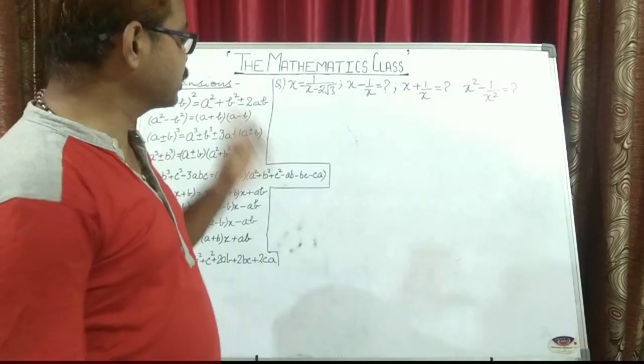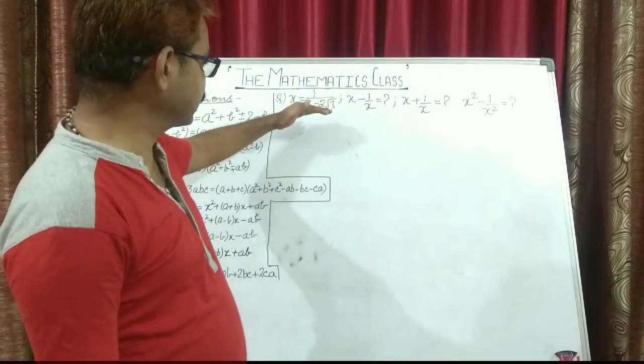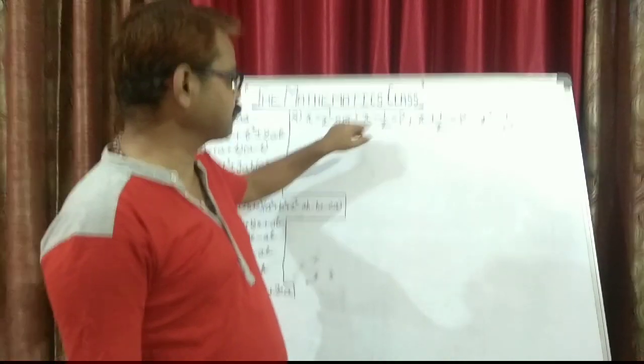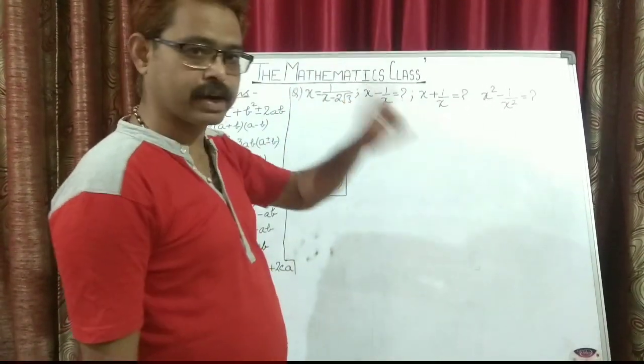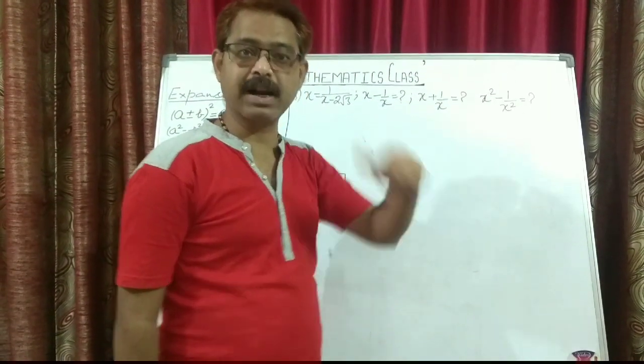This question has 3 parts. You have been given a value of x in terms of x again, and at the same time you have to find x minus 1 upon x as part 1, x plus 1 upon x as part 2, and x square minus 1 upon x square as part 3.